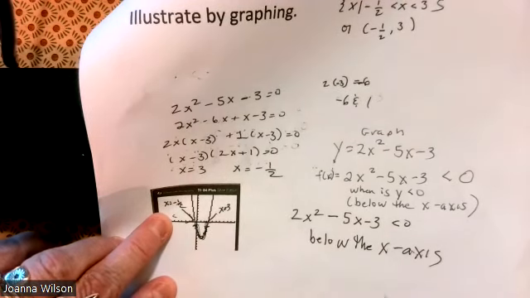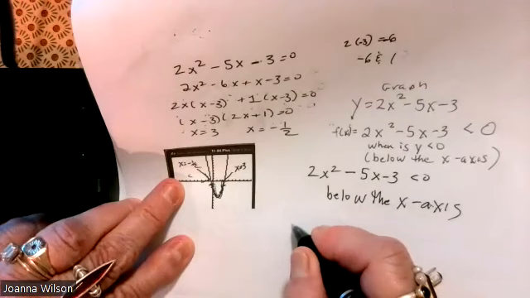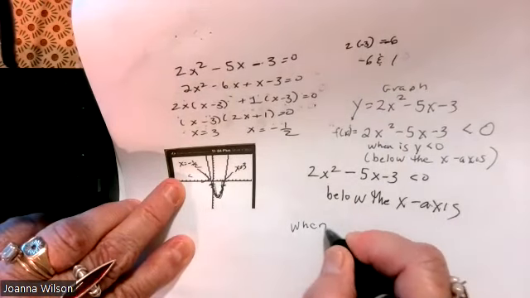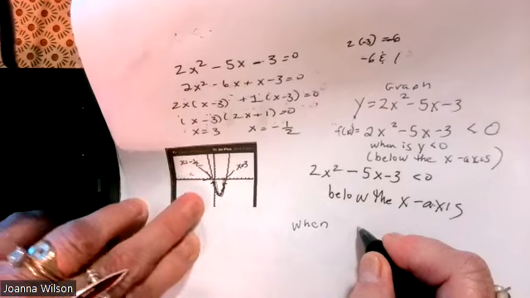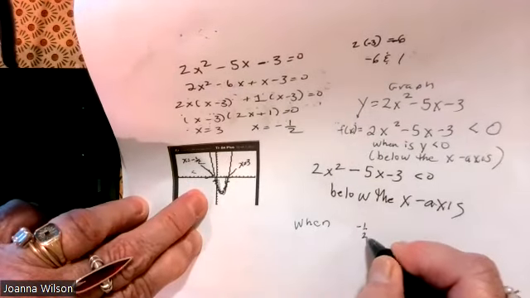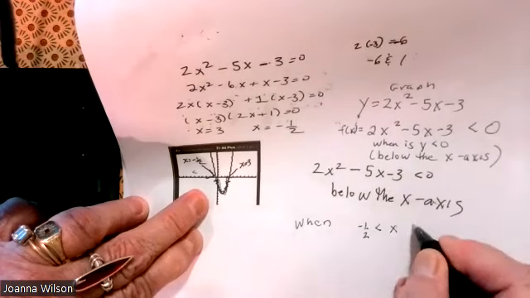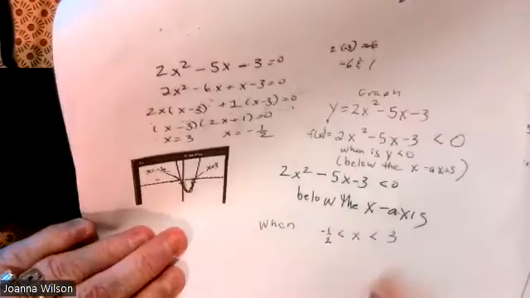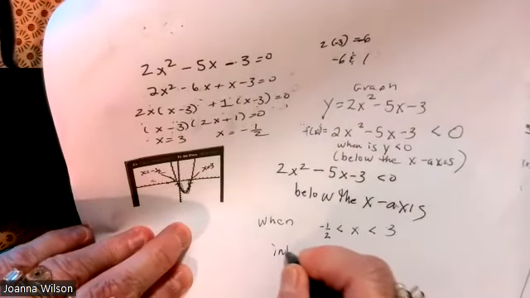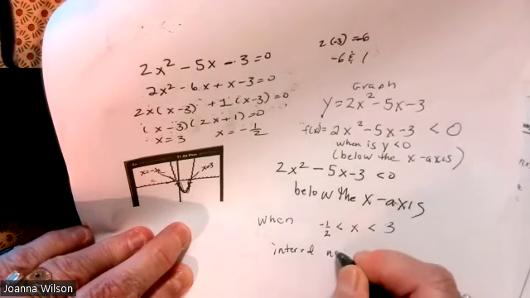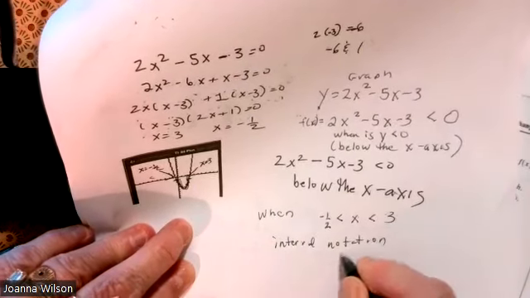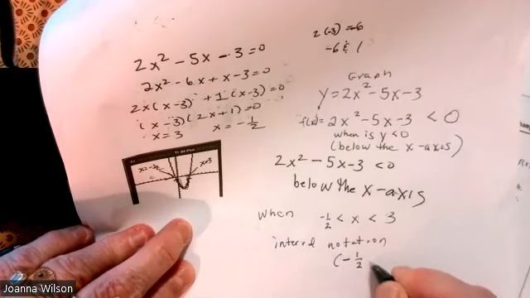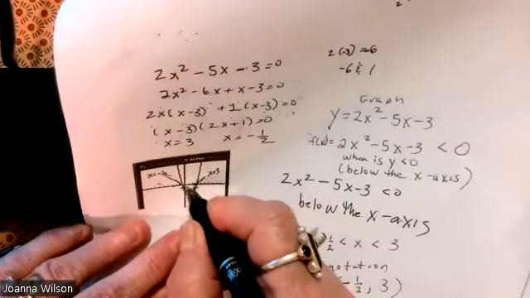So the answer then is it's when negative 1/2 is less than x, but x is less than 3. And you can write it like that, or if you write it in interval notation, it would look like this, x from -1/2 to 3. That's when it's less than 0.